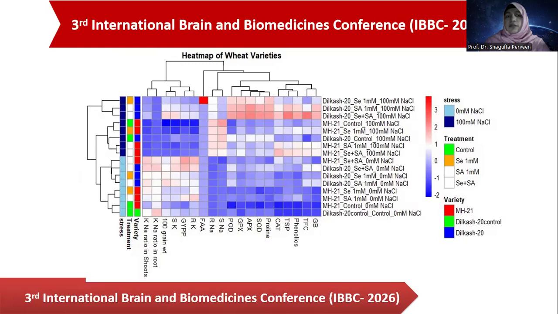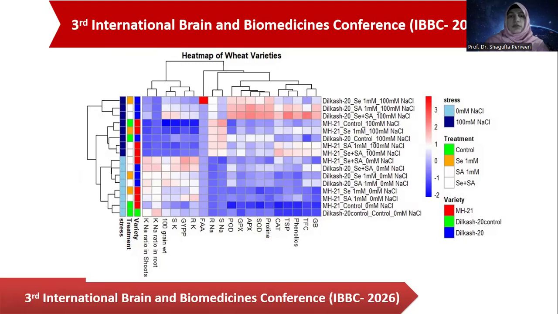Here, the different colors like the light sky color and dark blue color show the two stress levels, while among the three different treatments, the green color is control, golden color is selenium 1 millimolar, white is salicylic acid 1 millimolar, and off-white is selenium plus salicylic acid. And for the two varieties, red color is MH21, green color is Dilkash 20 under control condition, and dark blue is Dilkash 20.